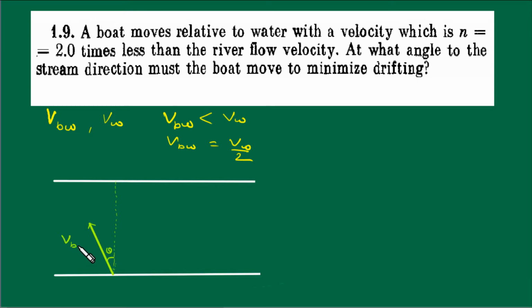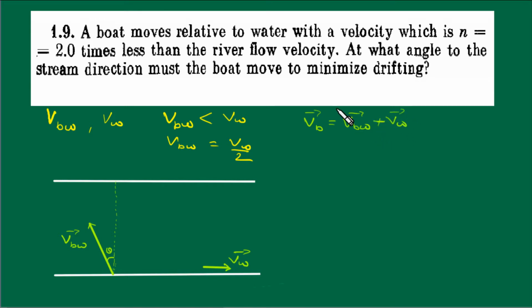The boat will try to steer itself in this direction, but will it be able to reach in this direction? No, because there is a river current also in this direction, VW. And we all must know that the velocity of the boat as seen from the ground will be equal to the velocity of the boat with respect to water plus the velocity of water.